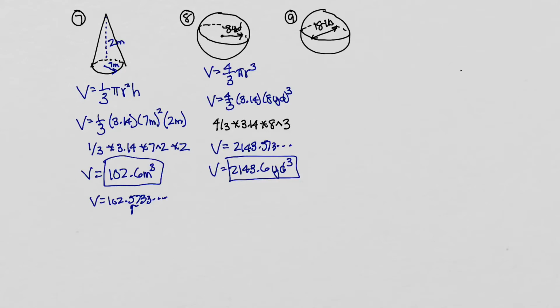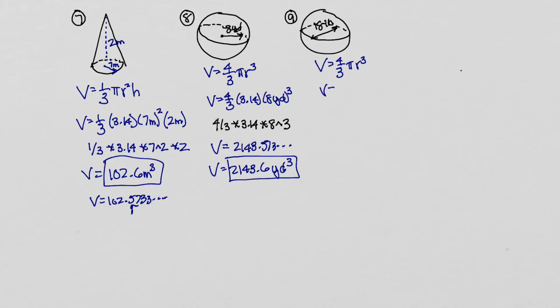So in 9, we're given a sphere again. We want to find the volume. But back in 8, we were given the radius. Now in 9, we're given the diameter. But we know that the radius is half the diameter. If we're going to use this formula here, we need the radius. So we're going to use V equals 4/3 pi r cubed.